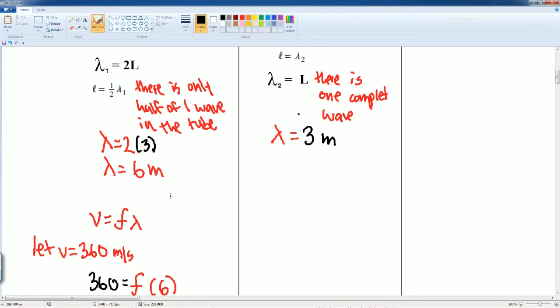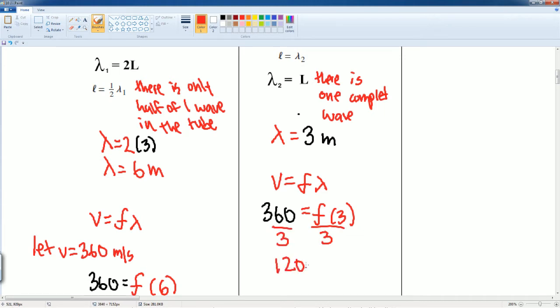All right, and if you want to know the velocity, you just plug it in. So you have 360 is equal to frequency times lambda. The lambda here is 3, so divide 3 to both sides. You get 120 hertz as the frequency here.